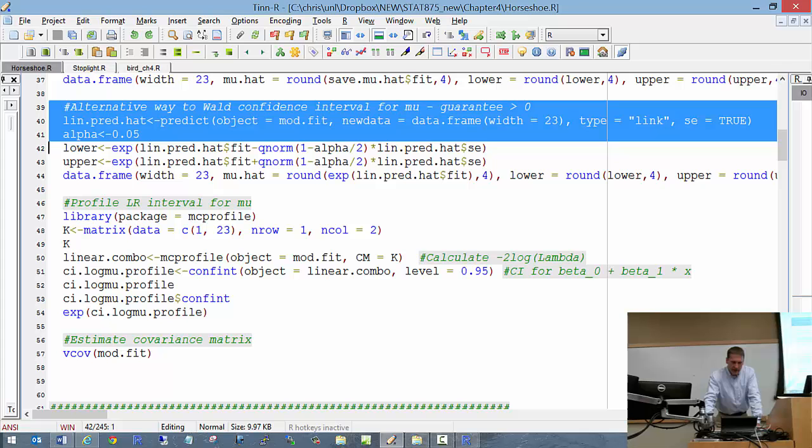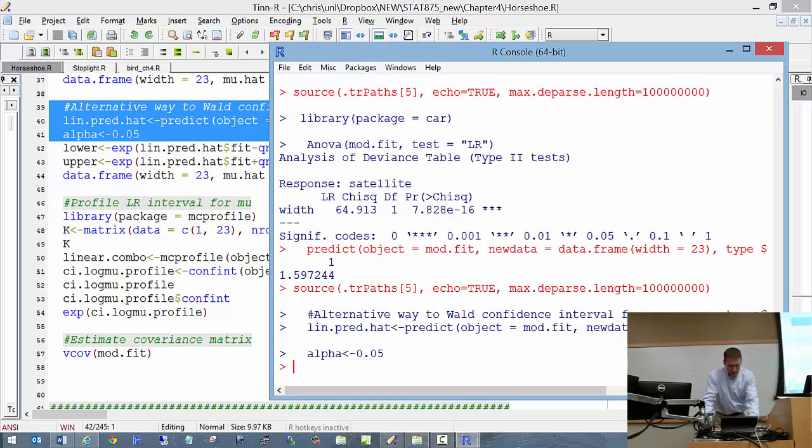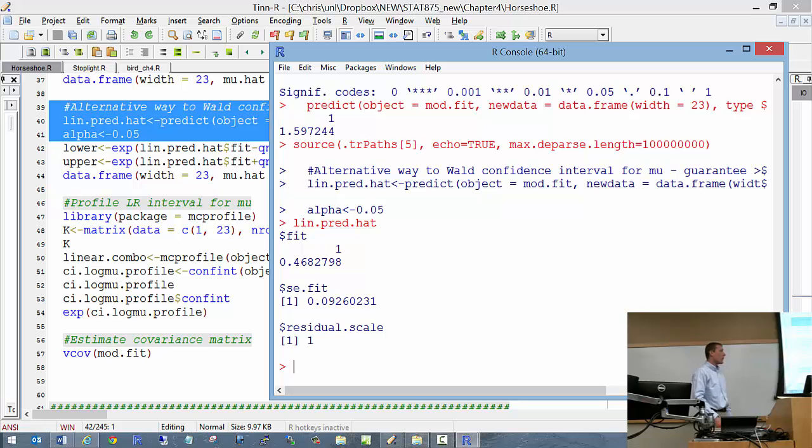And what that's going to give me is some information that I could use for a Wald interval for the log of mu. So log of mu hat at width equal 23 is 0.468. There's the square root of the estimated variance of log of mu hat.